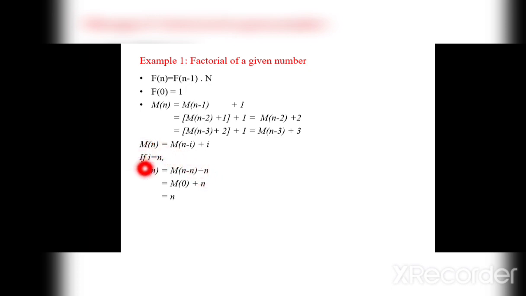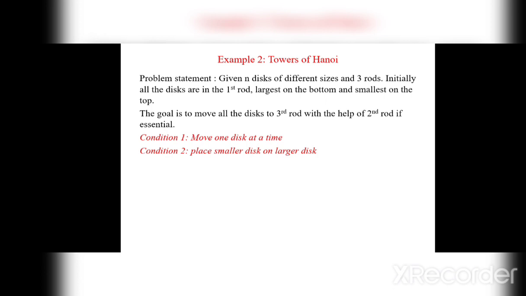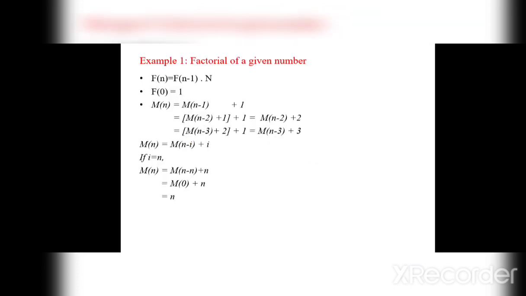If we substitute n for i, the equation becomes M(n) = M(0) + n. M(0), which is given by the initial condition, has the value 0. So 0 plus n, the final equation is n. So M(n) is equal to n. This is the analysis of the factorial of a given number.